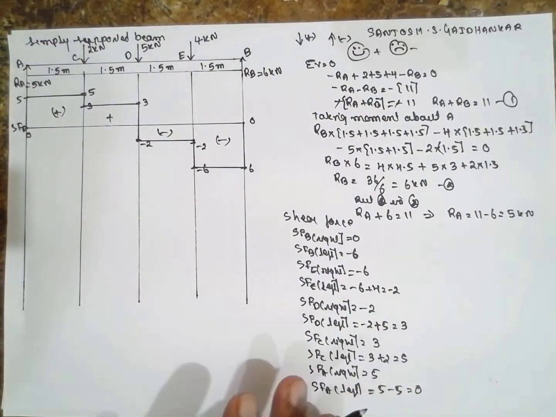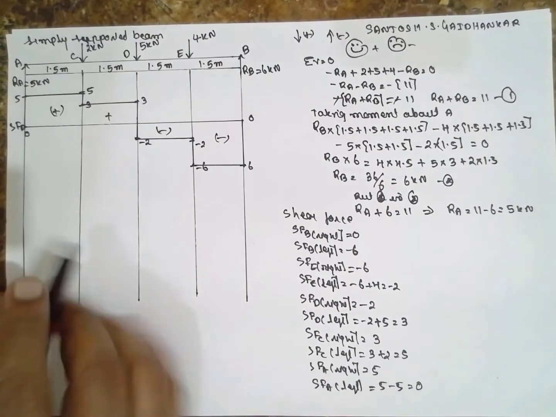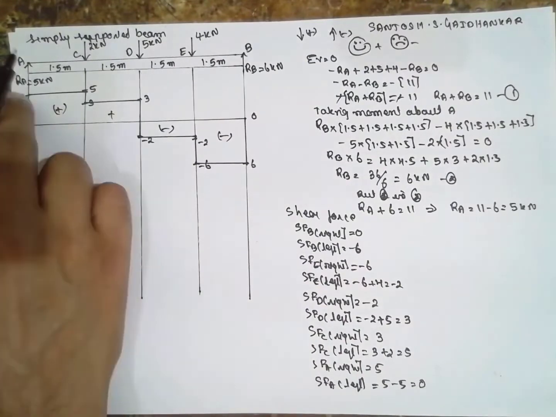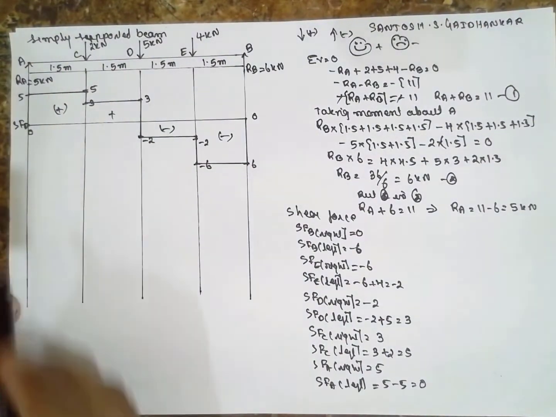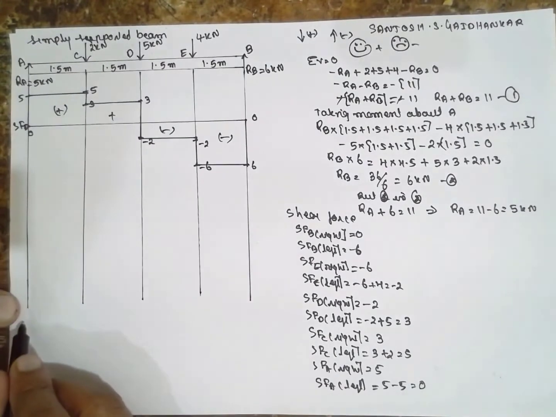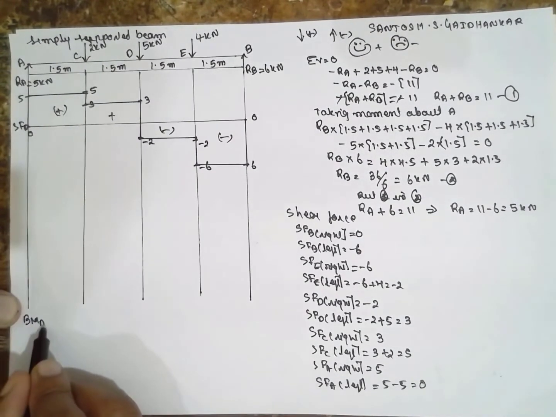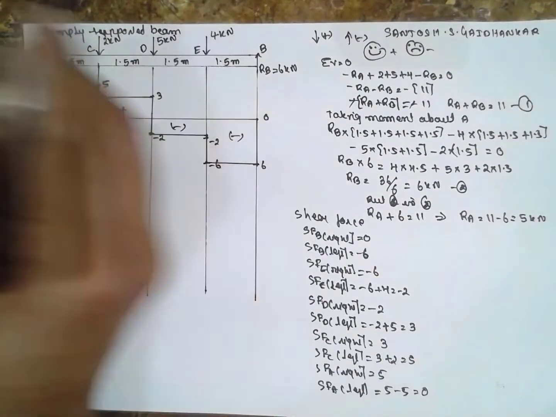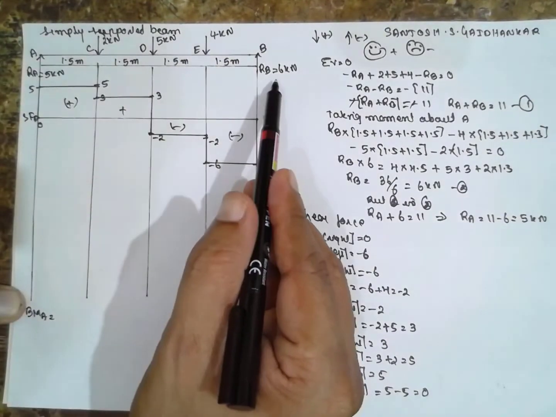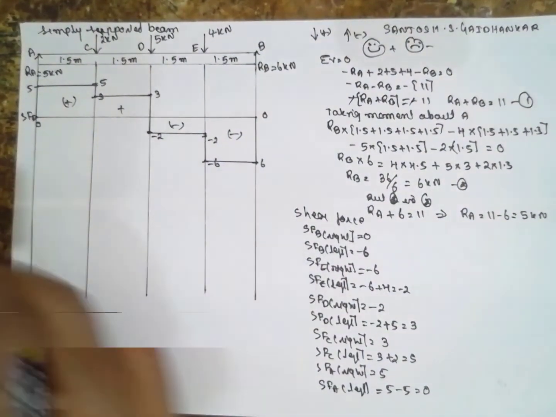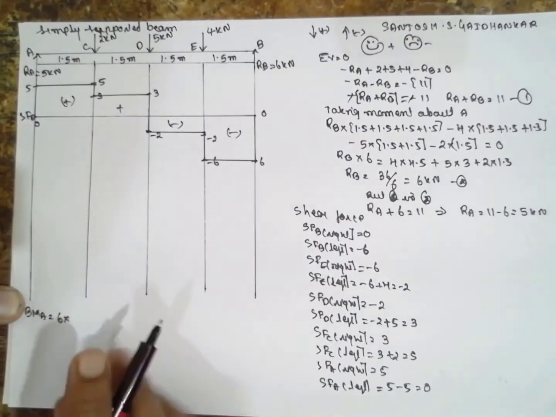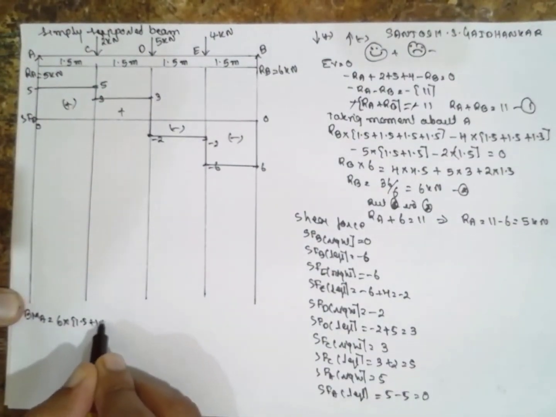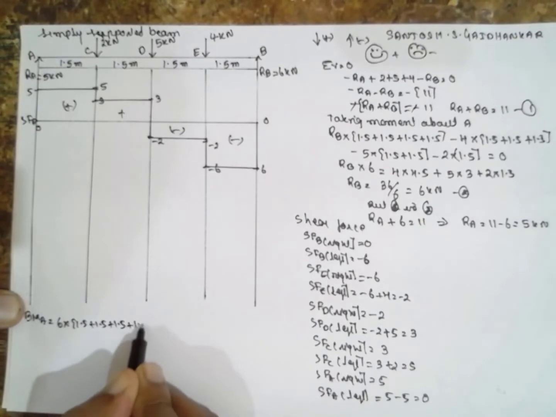We are going for the bending moment. First I will consider the bending moment about A. Always, if there are reactions on this side, it will be 0. I will calculate the bending moment at A. Anticlockwise, sagging, is positive: 6 into total distance, 1.5 plus 1.5 plus 1.5 plus 1.5.